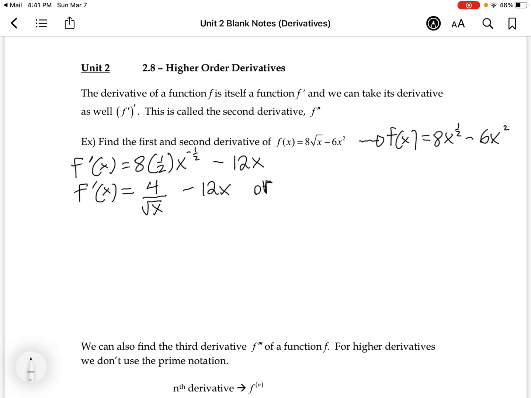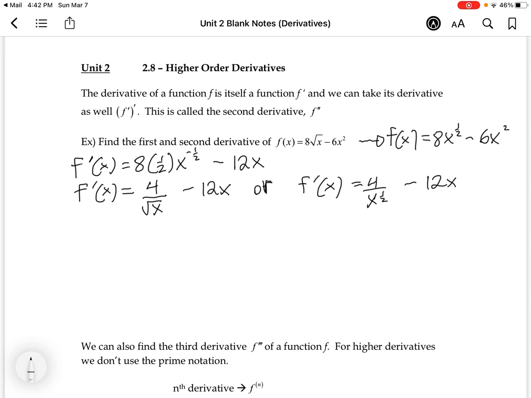When we're taking derivatives using the power rule, it's more helpful to have these fractional exponents written as exponents rather than radicals. So I'm going to write this as 4 over x to the 1/2. I'll write both options, minus 12x.